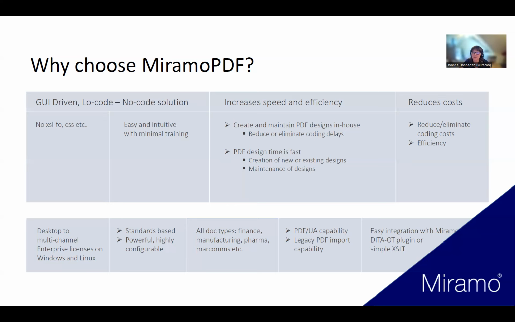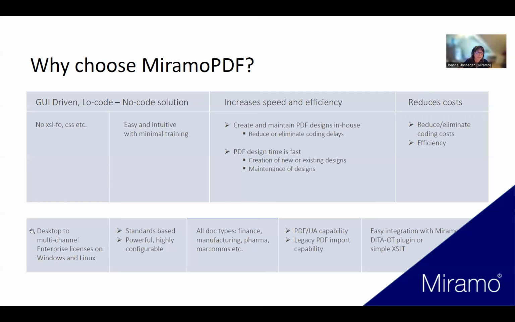We say about 1/10 of a coding solution, and you can create your new designs from scratch or recreate existing designs very quickly. And then the day-to-day maintenance of those designs, and that's a real beauty, takes a few minutes. So all this adds up to significantly reduced costs. The savings are made by reducing or practically eliminating coding costs and the increase in efficiency.